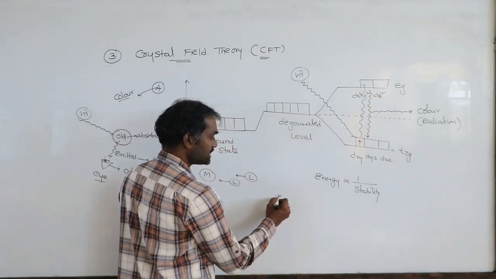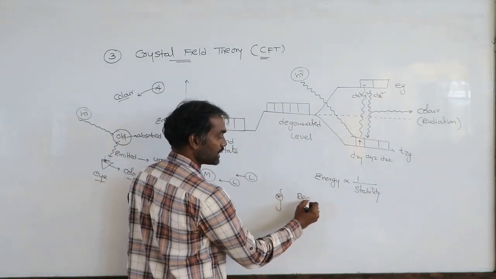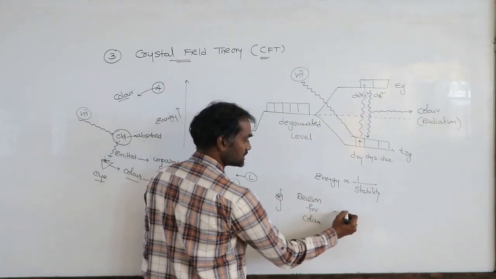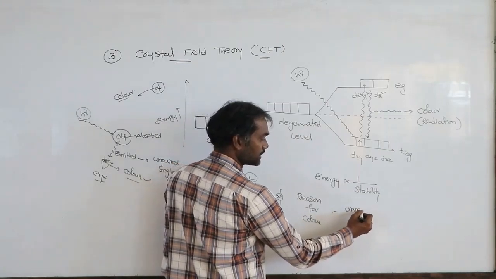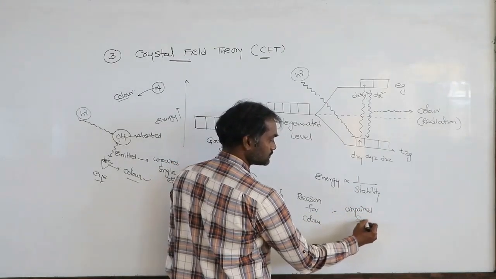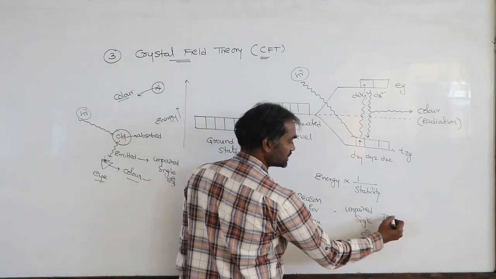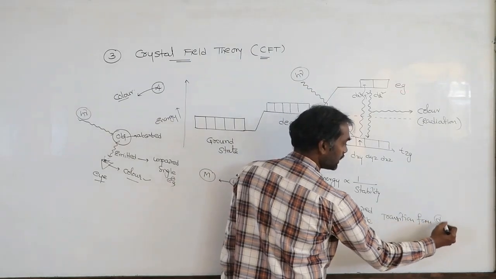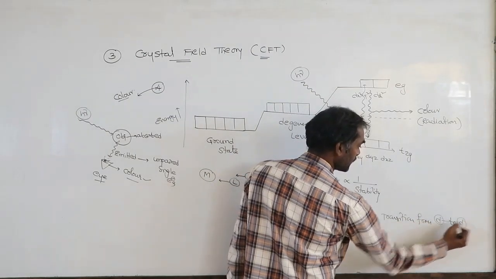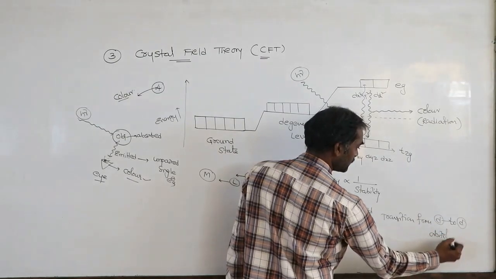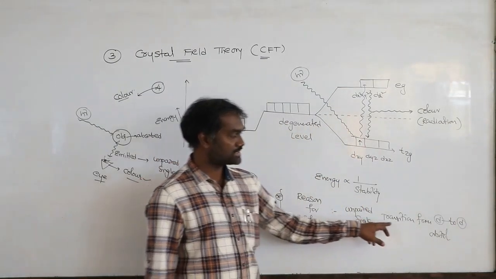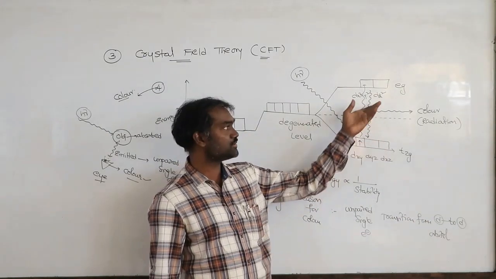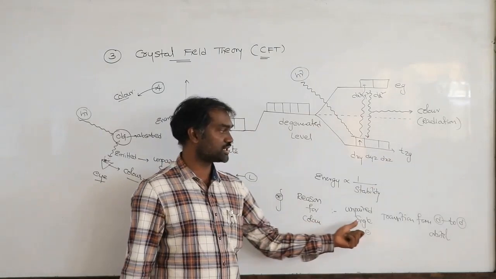So simply we can tell the reason for color: the unpaired single electron transition from d to d orbital, either t2g to eg or eg to t2g. This is a one word question you can write.